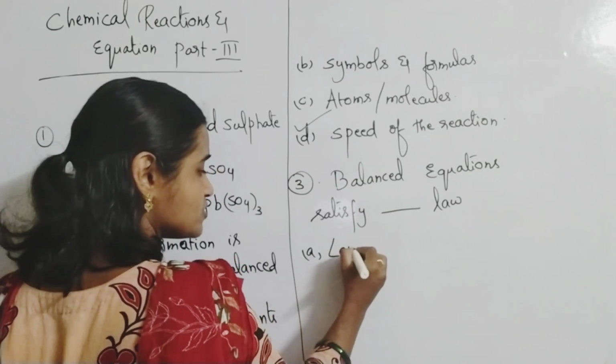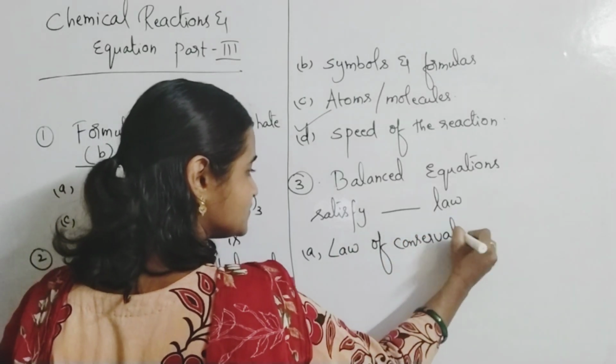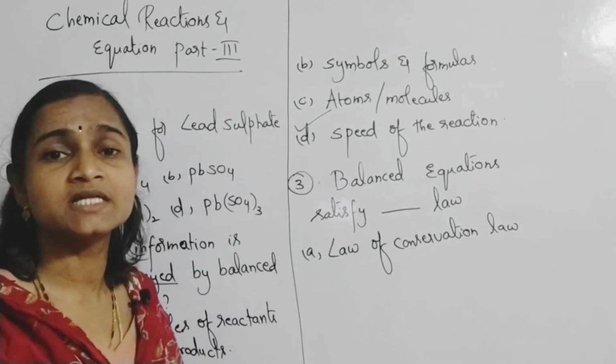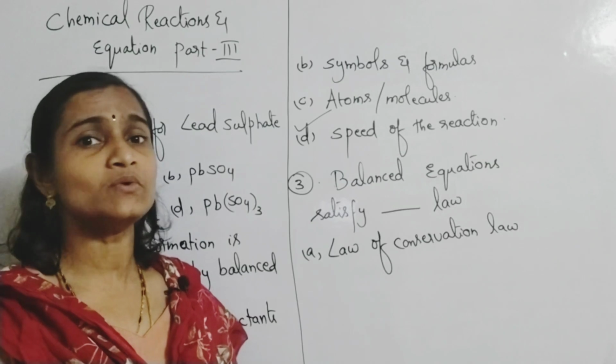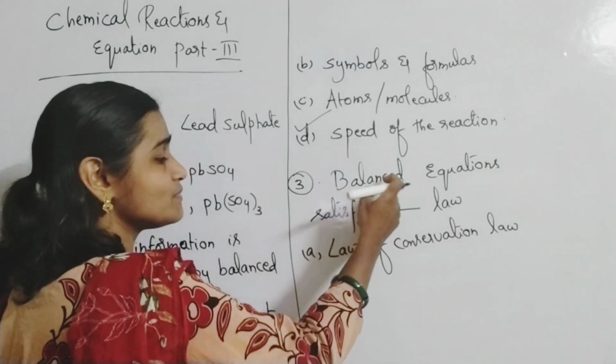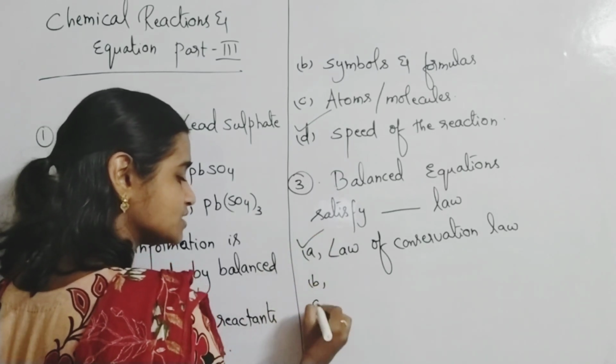Option A, law of conservation of mass. This is the first law, which states that the mass of the substances before the reaction is equal to the mass of the substances after the reaction. Yes, balanced equations follow this law. There are 3 other laws also.